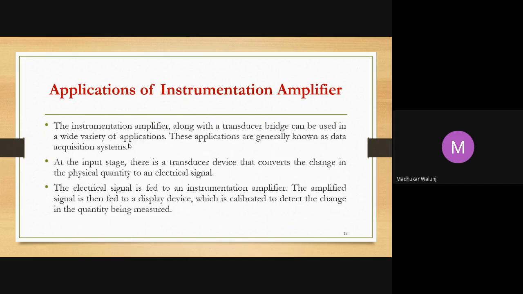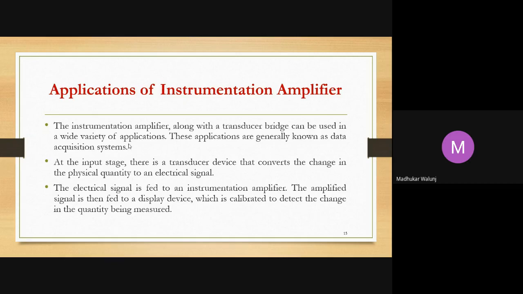What are the applications of the instrumentation amplifier? The instrumentation amplifier along with the transducer bridge, this is very important, can be used in a wide variety of applications. These applications are generally known as data acquisition systems.